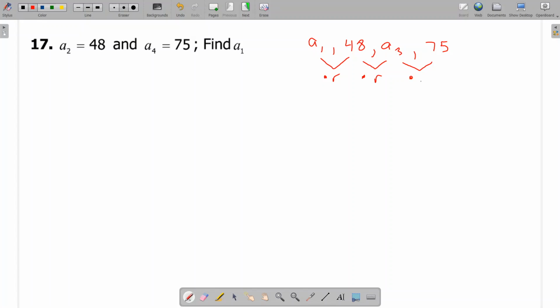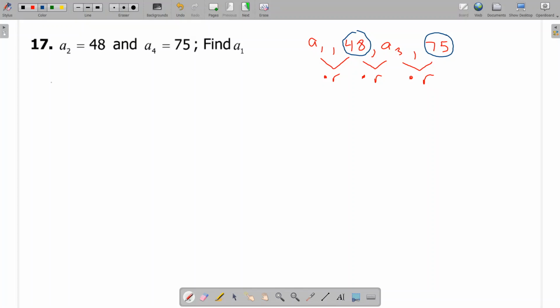But that helps us process how we can use the 48 and the 75, the second and the fourth terms, to be able to solve for that common ratio r and the first term. So what I did was this. I set up an equation thinking about how I could get from the second term to the fourth term.